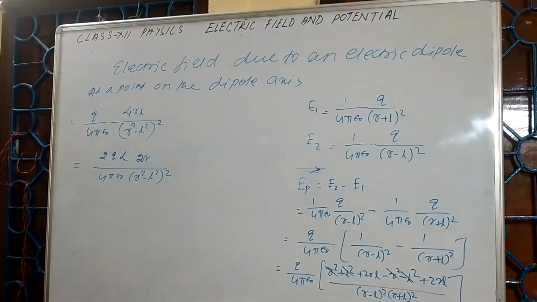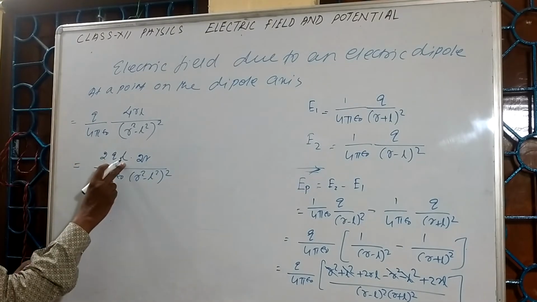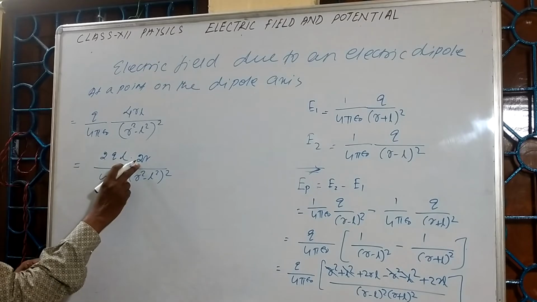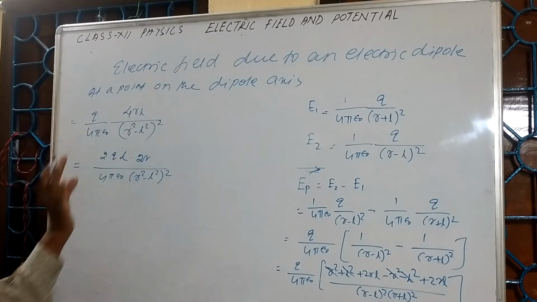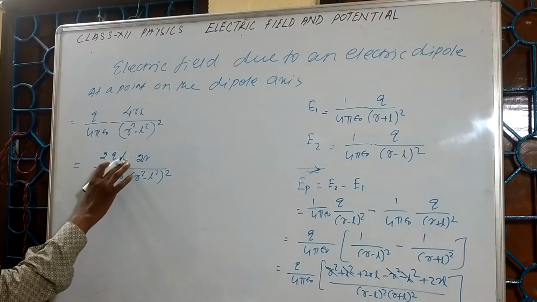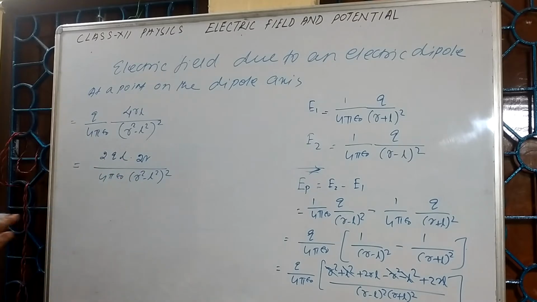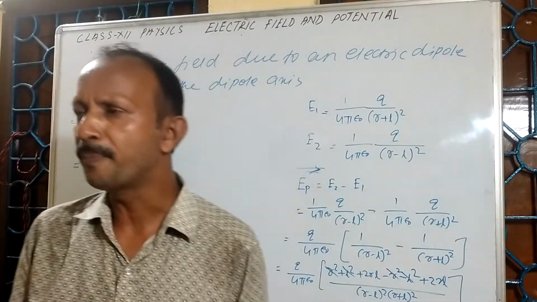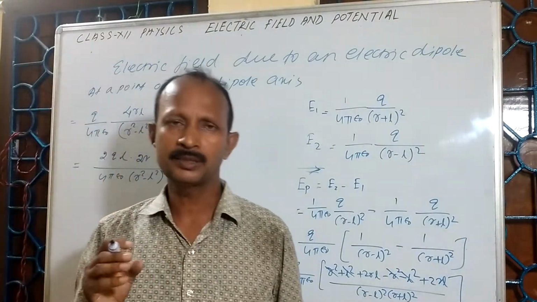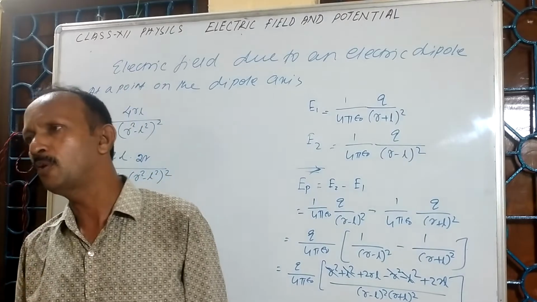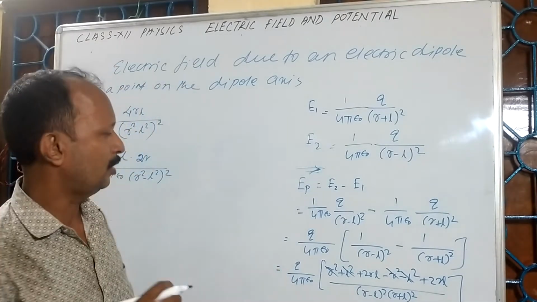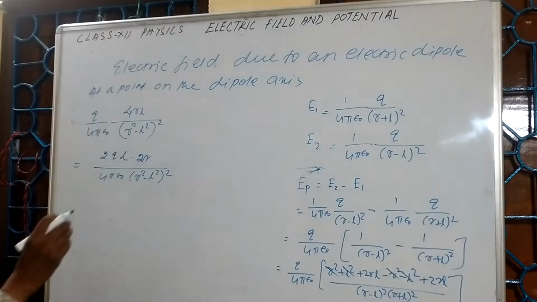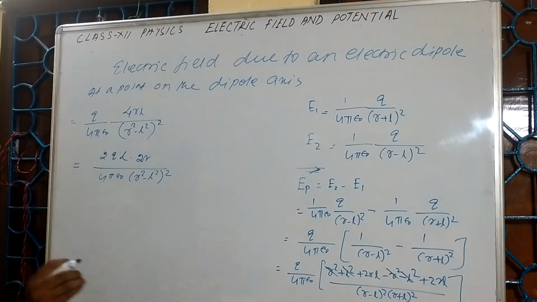Okay, so this 2QL I have written, same thing, but I have written 2QL because it stands for electric dipole moment. Already I have said that dipole moment is the product of length and one of the charge.